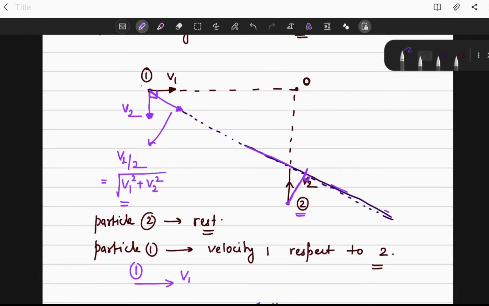Then the distance between these two particles will be the minimum one.